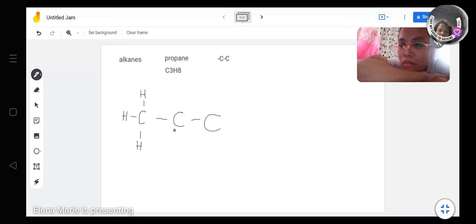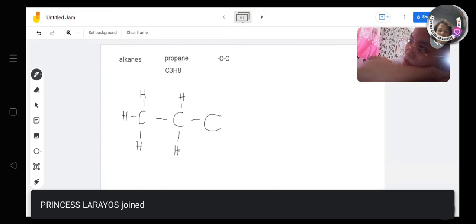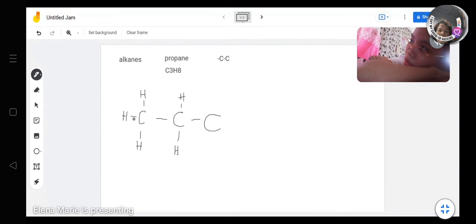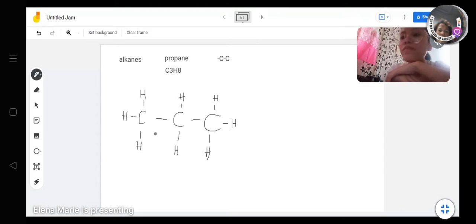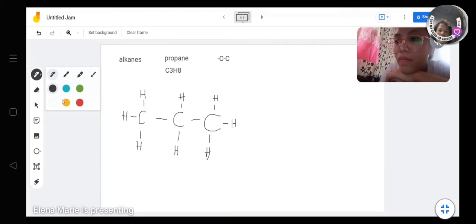The first and the third carbons have 3 hydrogens each.